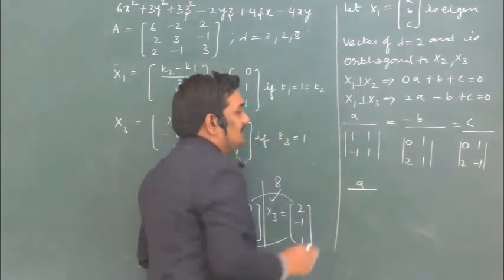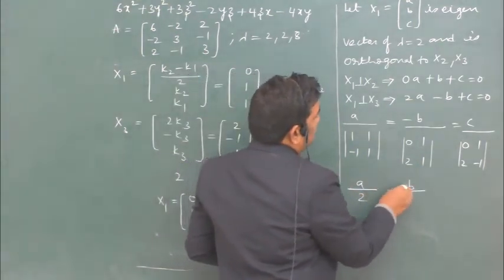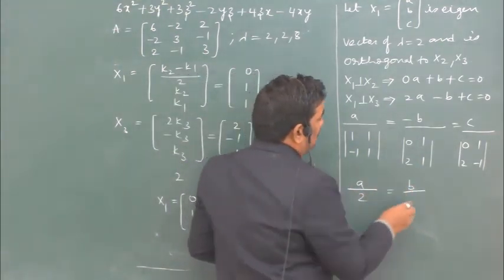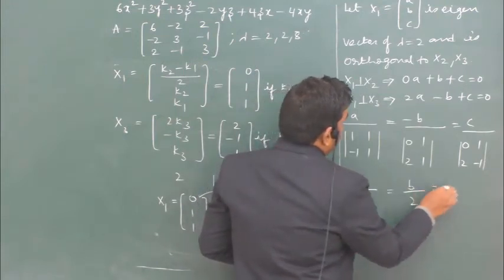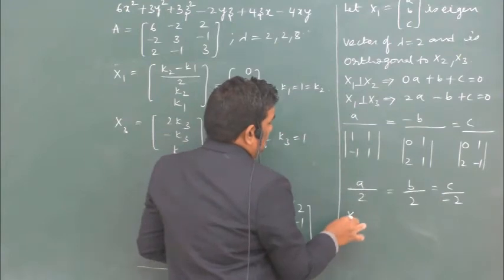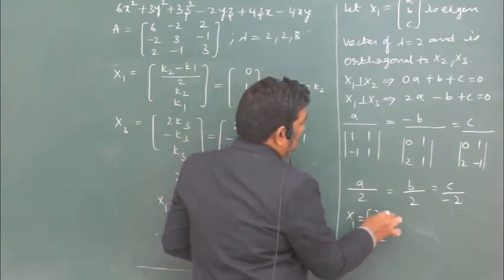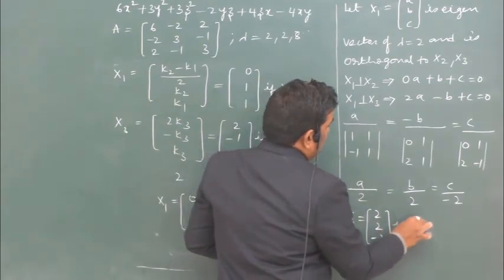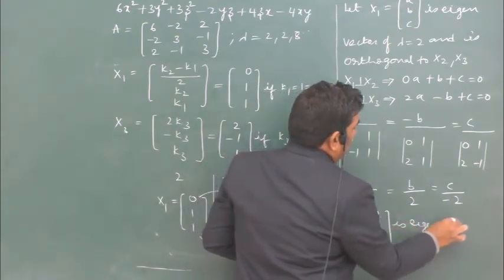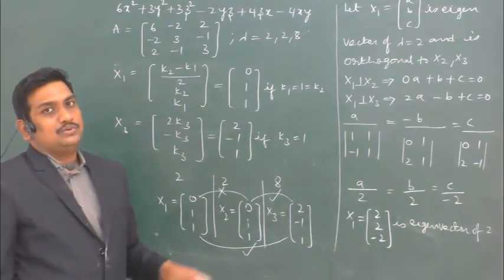It is a by 1 plus 1, which is 2, b by 0 minus 2, which will be plus 2, and c by 0 minus 2, which is minus 2. Now the required eigenvector is 2, 2, minus 2. It is the eigenvector of 2, so that it is orthogonal to the other two eigenvectors.